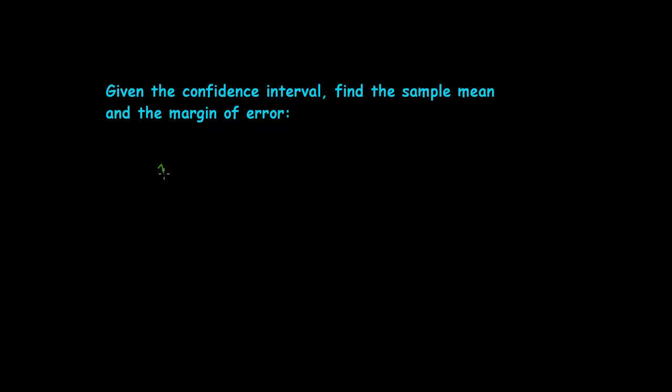Well, the sample mean, x bar, would be found by taking the upper confidence limit and adding that to the lower confidence limit and dividing that by 2, because recall that x bar is right in the middle of the two. We say x bar plus and x bar minus, right? So if we take the average of these two numbers, we get the middle, and that's where x bar is.